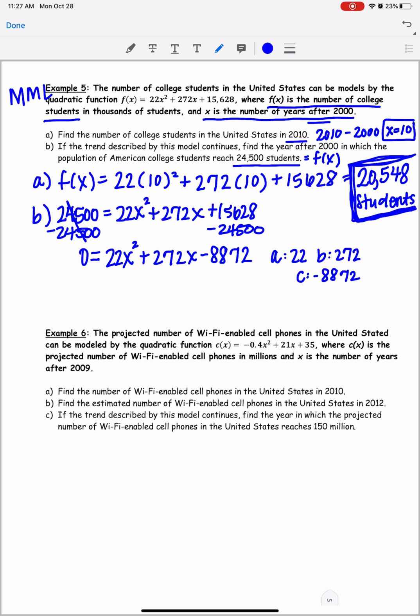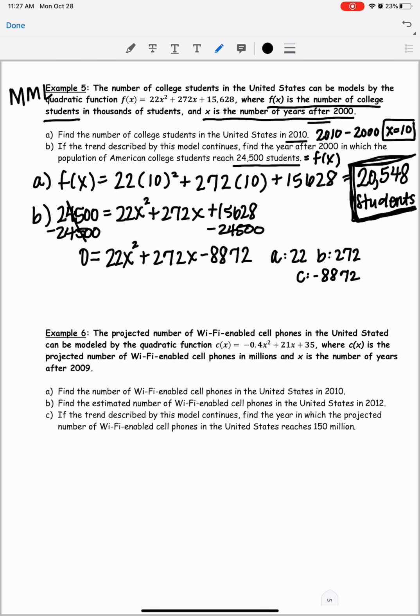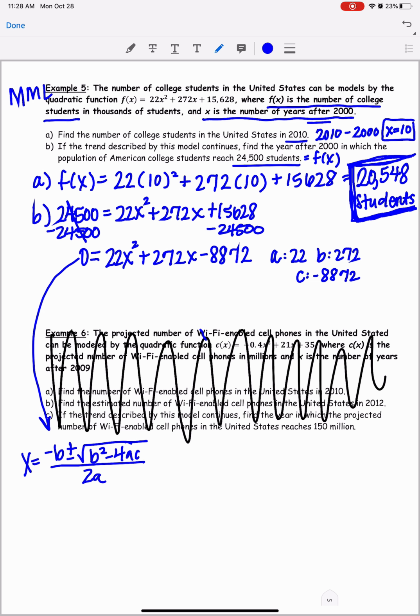Okay. Because I'm not going to solve this problem down here, I'm going to use that space down there. So we've got x equals negative b plus or minus the square root of b squared minus 4ac, all over 2a.